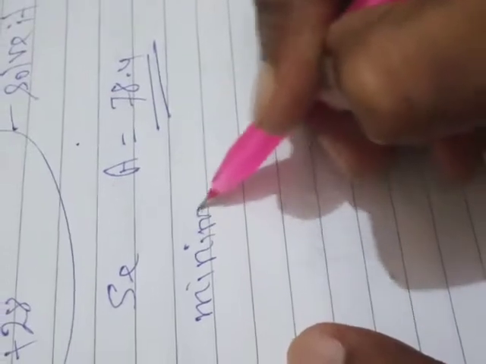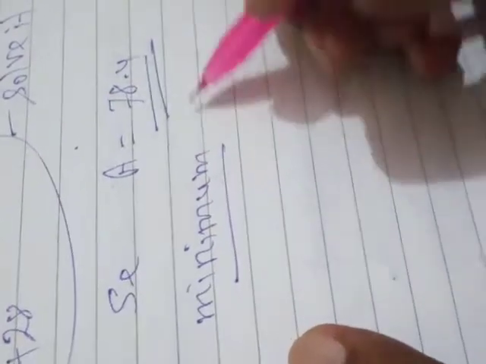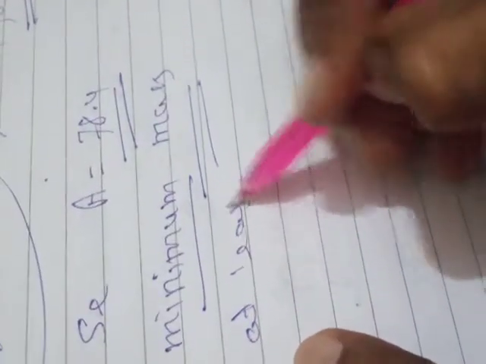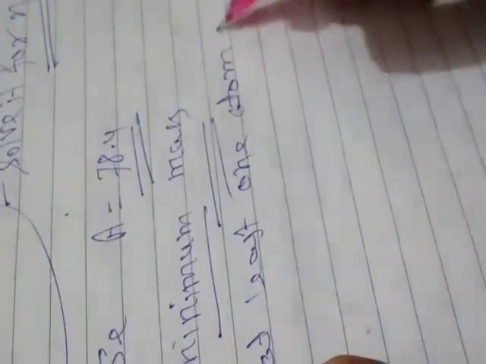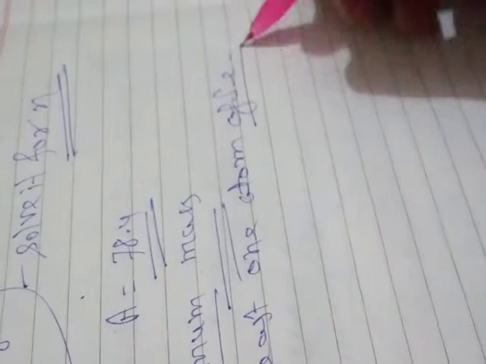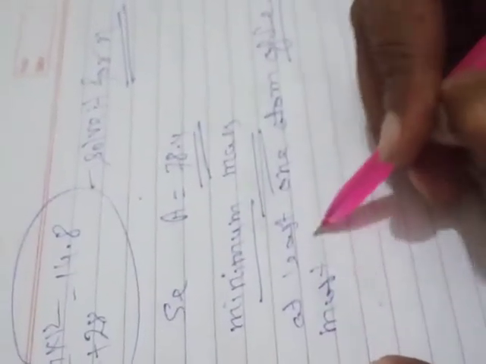Then the minimum molecular mass of the peroxidase anhydrase enzyme is? The question has a big clue: minimum mass is demanded here. Whenever minimum mass is talked about, at least one atom of selenium must be present in the compound.